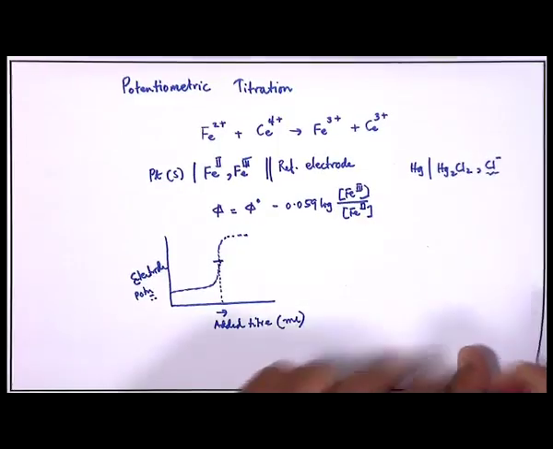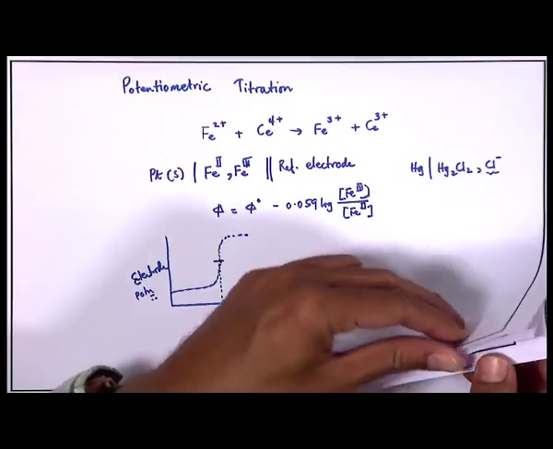The third application could be the determination of the pH of the medium. Now, pH of the medium means you would like to find out the acidity of the medium.